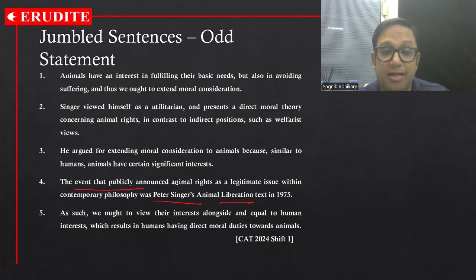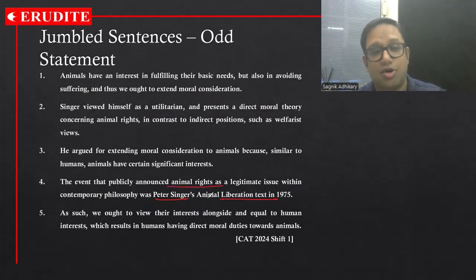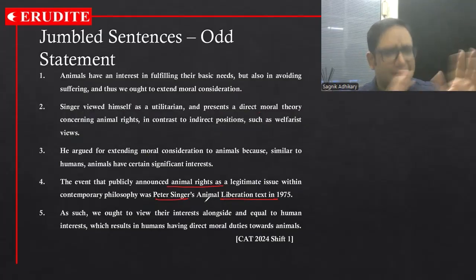The event that publicly announced animal rights as a legitimate issue within contemporary philosophy was Peter Singer's Animal Liberation text. First off, this introduces Peter Singer, the liberation text. This also talks about animal rights, but it doesn't talk about moral consideration. It also doesn't make the connection with human interests, the comparison between human interests and animal interests.